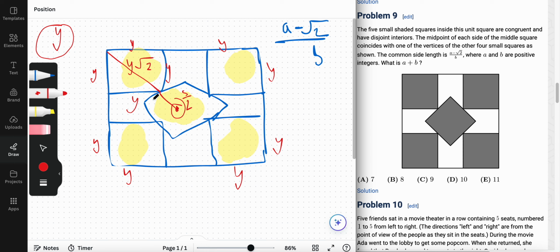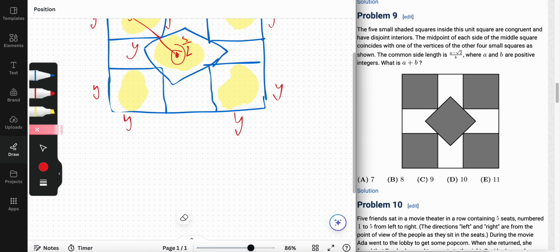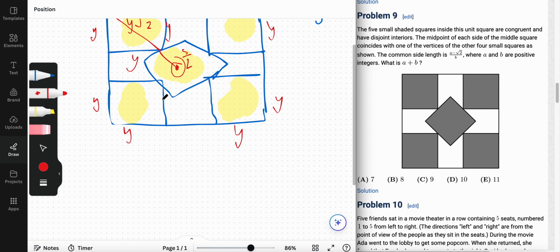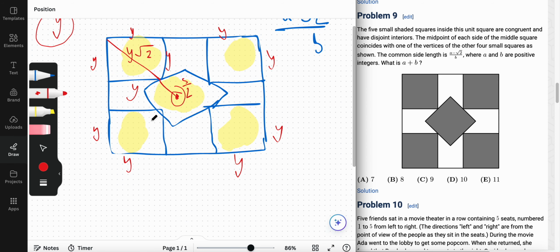So what I can do is 2 times... Okay, I'll scroll down a little bit. What I'm trying to do is add both of these, right? I can connect this to this part.